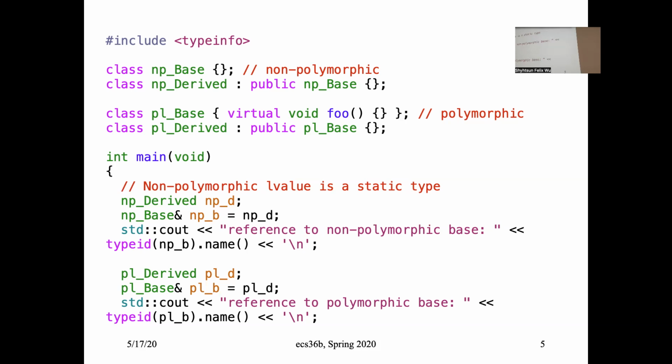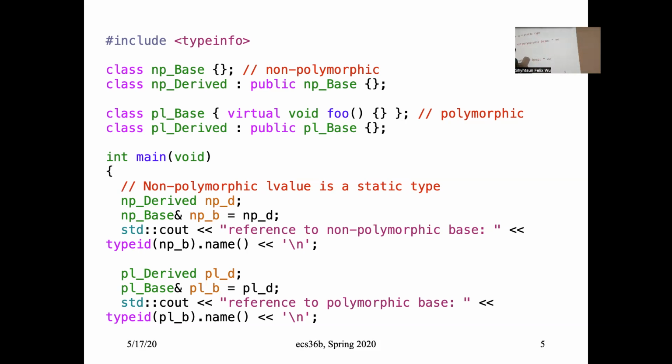By the way, this is the syntax of the typeid operator. typeid takes an object or a class or some type, and then you say .name. It's going to print the name of the class. More or less, I'm going to show you some examples. Sometimes it doesn't print exactly the class name you expect, but it's close to that. So this is one name that's printed.